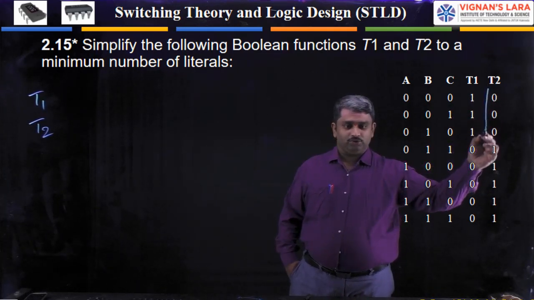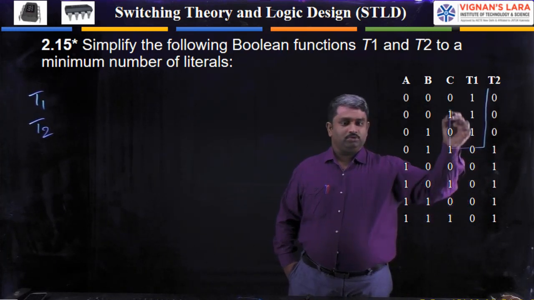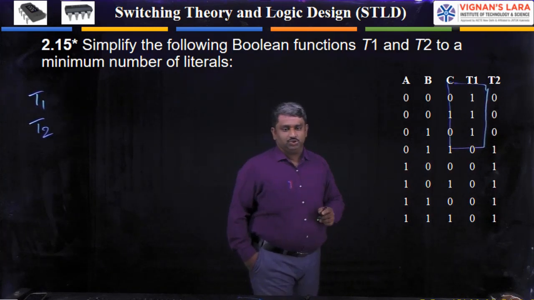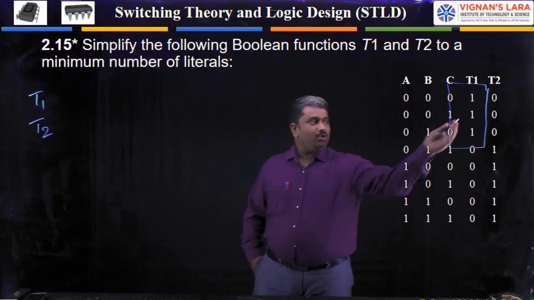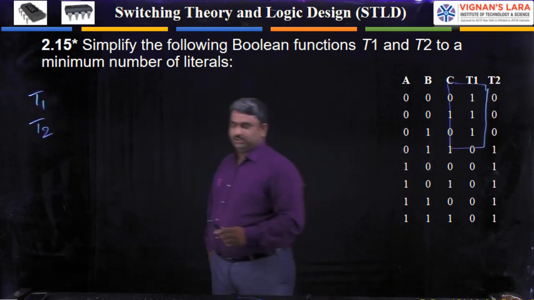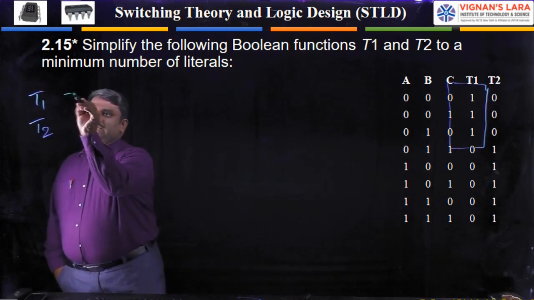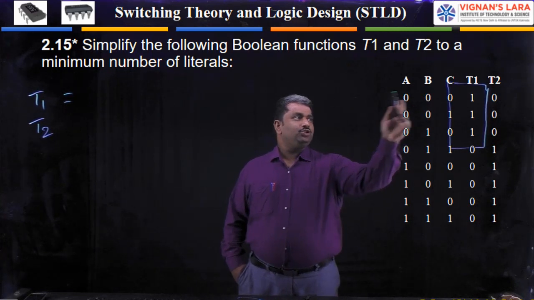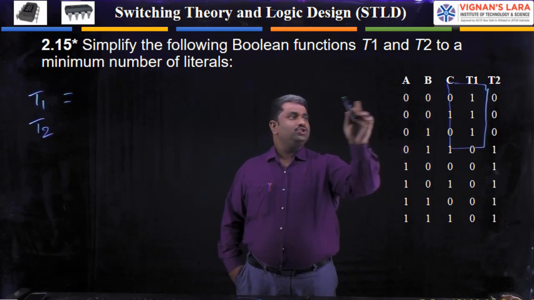So for these three situations, what is the input? That we have to write down. T1 is equal to, see here, these three inputs: 0 0 0.